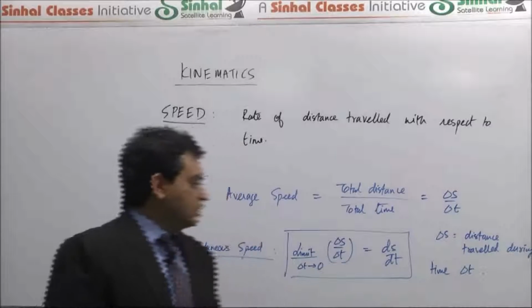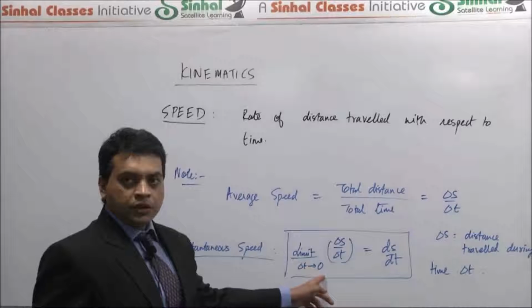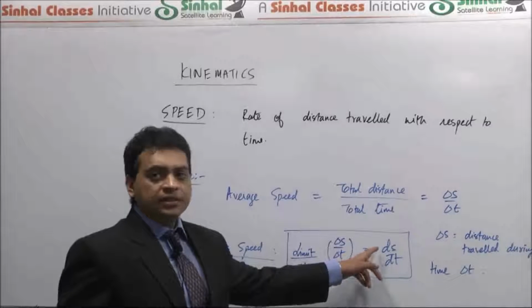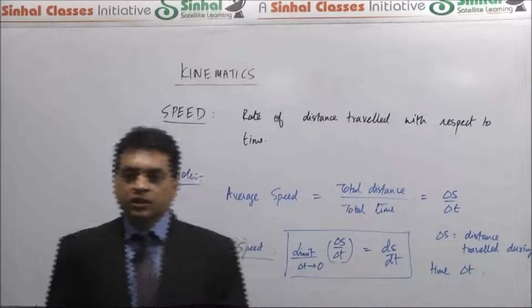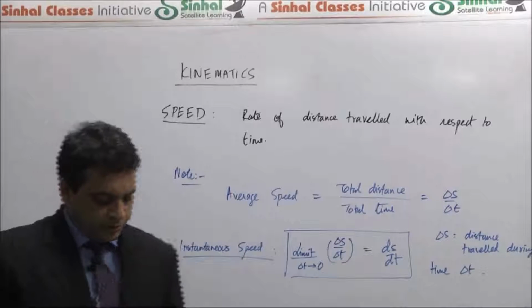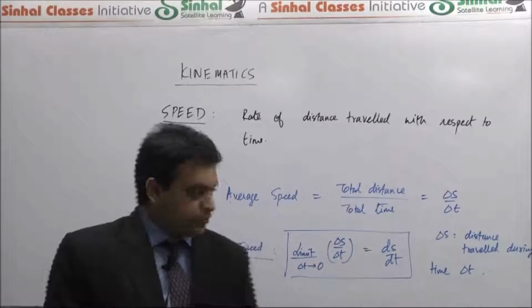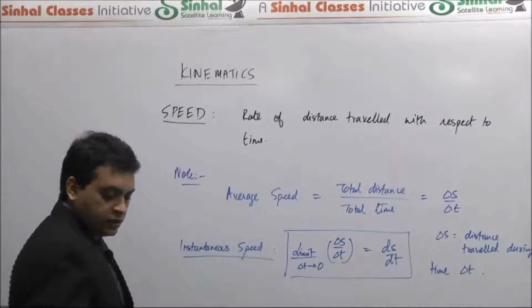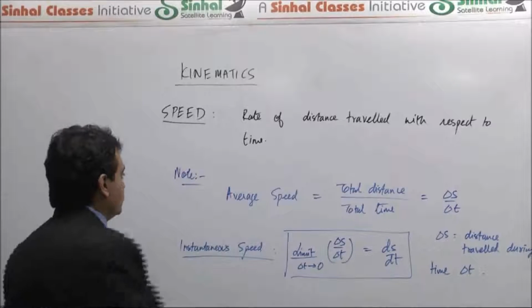So that is limit delta t tending to 0. That, as you know, is defined as the instantaneous rate of change, or the derivative of distance with respect to time. Okay.